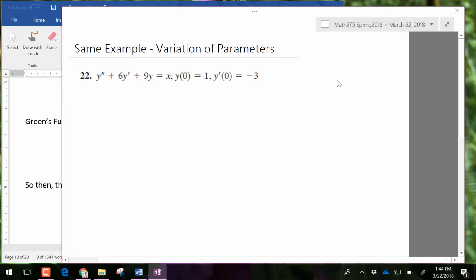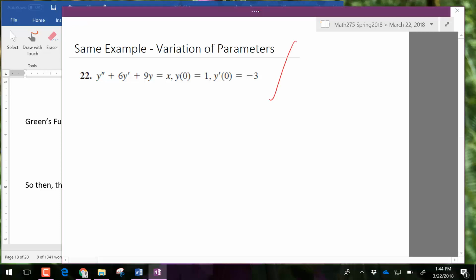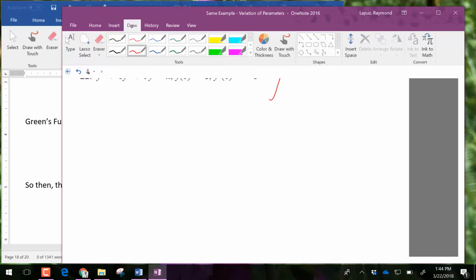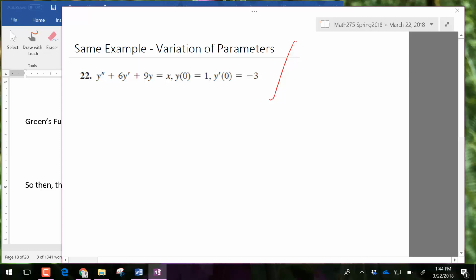So if we were solving this using variation of parameters, what we would do is find our fundamental solution set. So we would get y double prime plus 6y prime plus 9y is equal to 0.